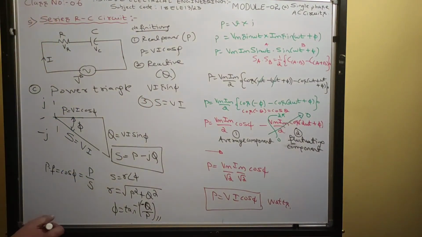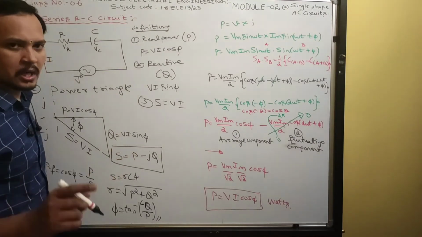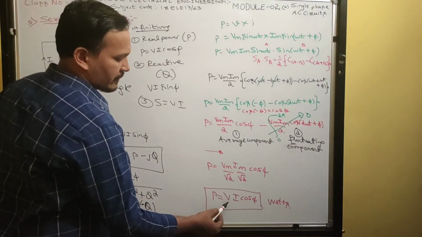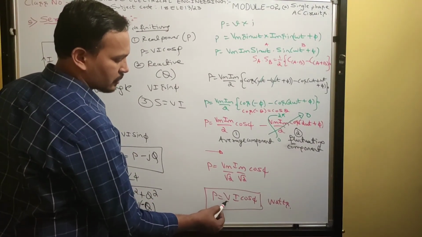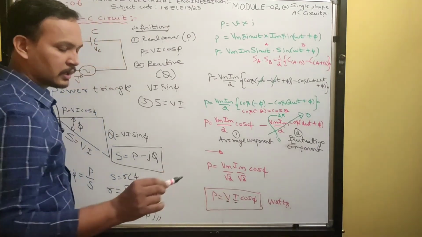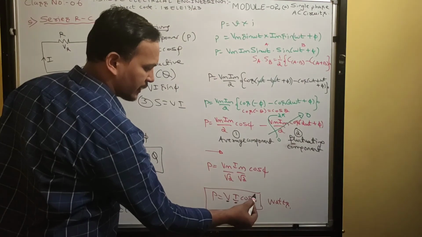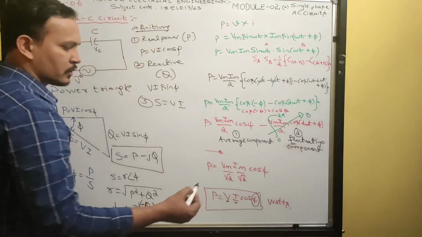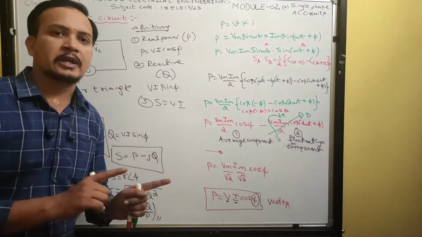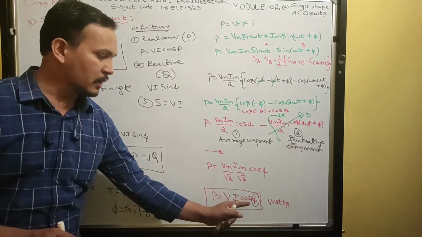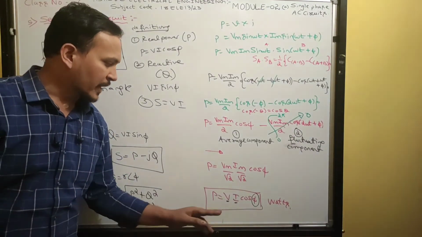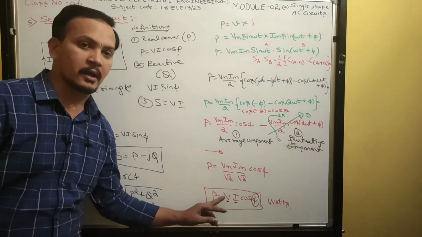See guys, whenever you are solving problems, when you use this formula, the voltage and the current indicate RMS values. And what is this phi? Don't take negative phi or positive phi. This phi value simply indicates the angle between voltage and current.